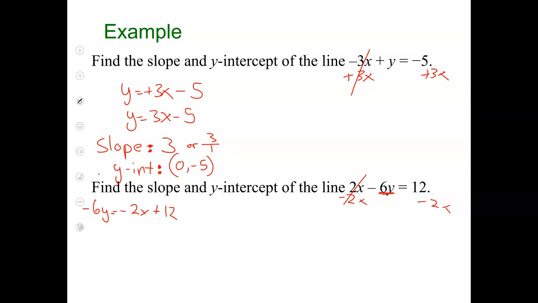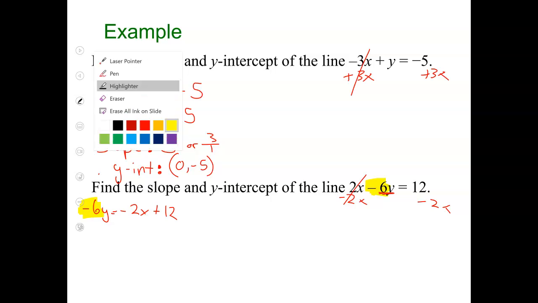Notice, let me do the highlighter. I cannot tell you how often I see the negative disappear after that step. The minus 6y becomes a negative 6y.